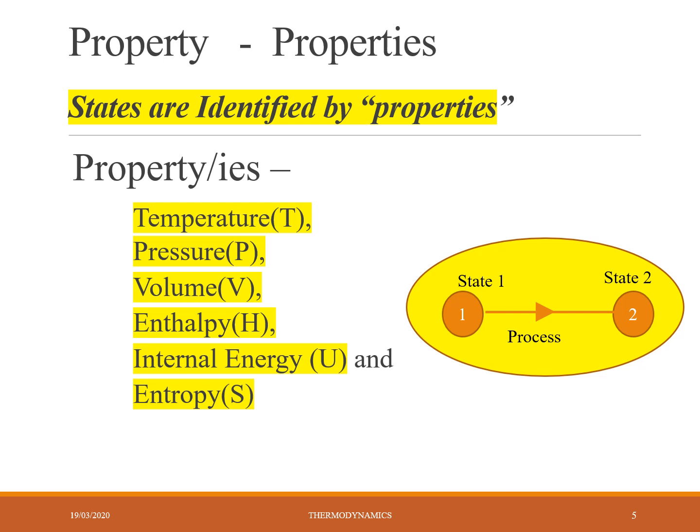Similarly, you can see the variations of enthalpy, internal energy and entropy due to many processes that take place in industrial applications as well as domestic applications. I think it is clear to you.